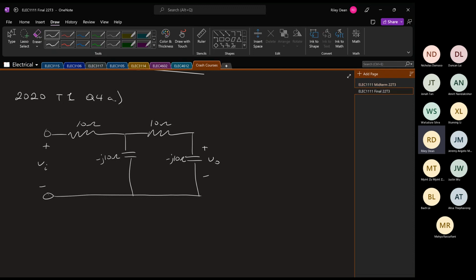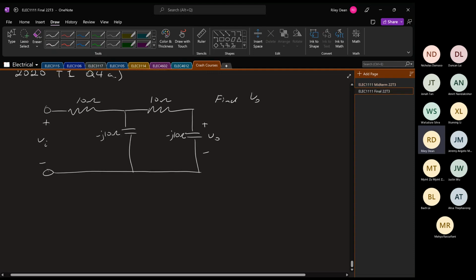Okay, so for this question, all we want to do is find V naught, as it says, as a function of VI. To do this, there's a couple of ways we can go about it.